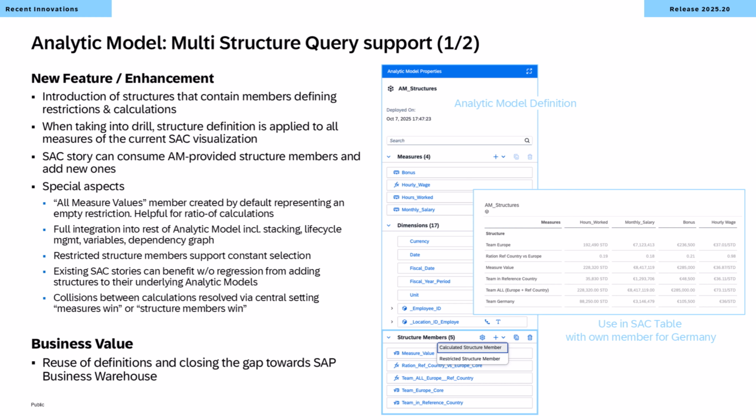That is not in line with what BW can do. They can do it more individually in a way per cell. Here in SAC, you can do it. We aligned with the SAC design. And so it's really first either measures win or members win. And so what this is really trying to do is centrally defining definitions and using them wherever.